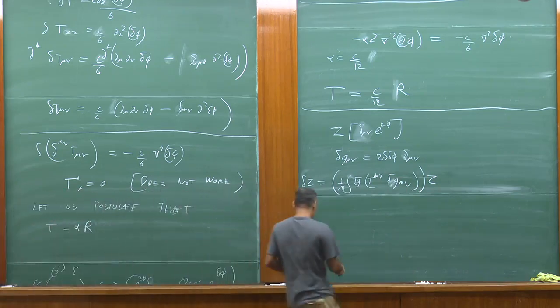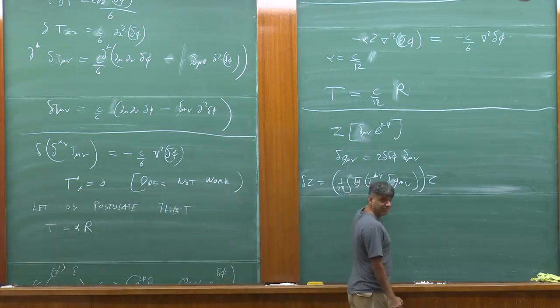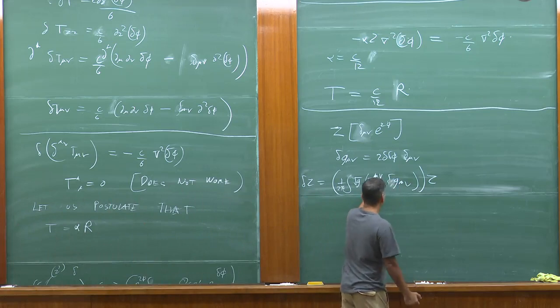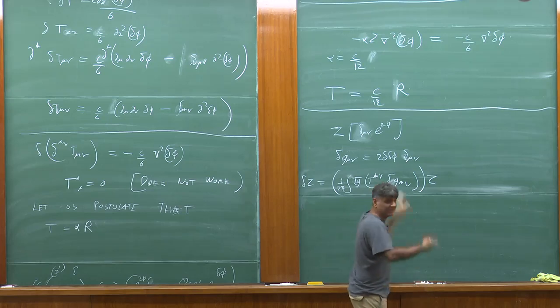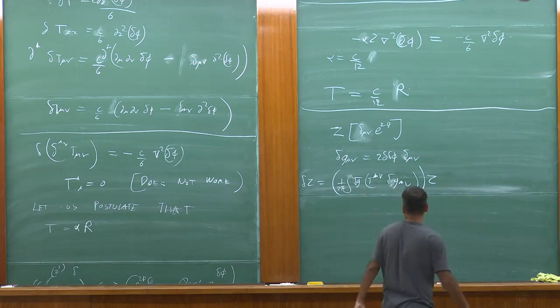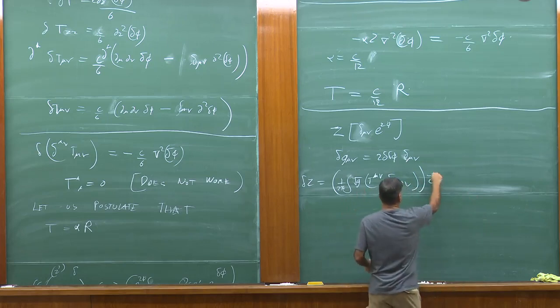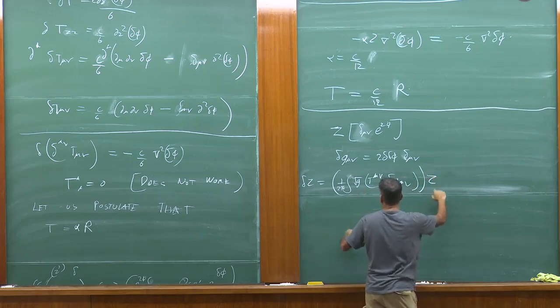Times, yeah, this will be an expectation value. And if we were looking at a correlation function, this would be inserted along with all the other insertions. So this Z is like the expectation value of 1.